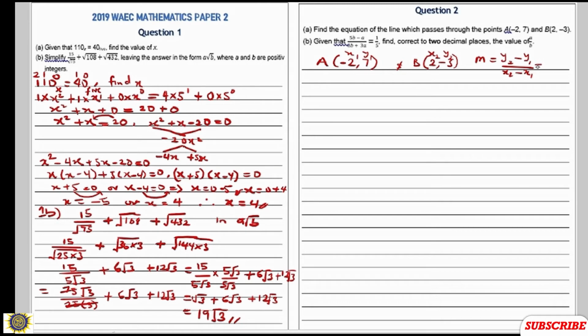So what's our y2? Our y2 is minus 3. You can see it here. This is minus 3.